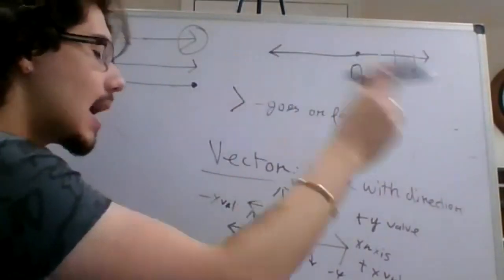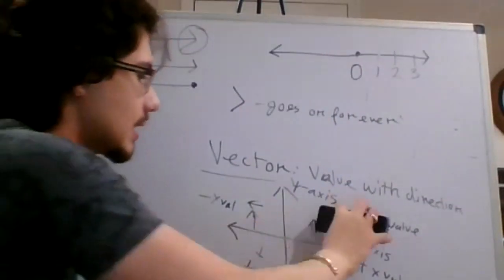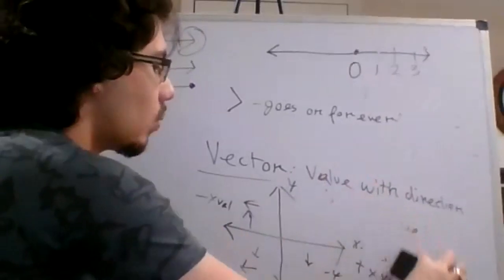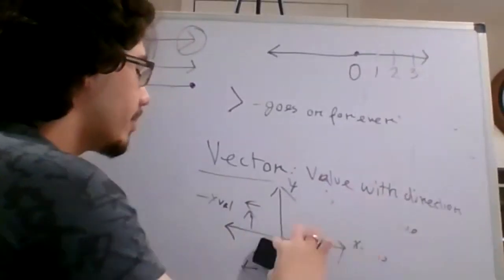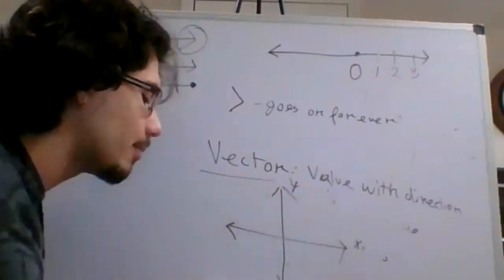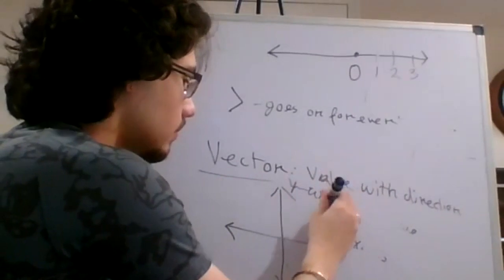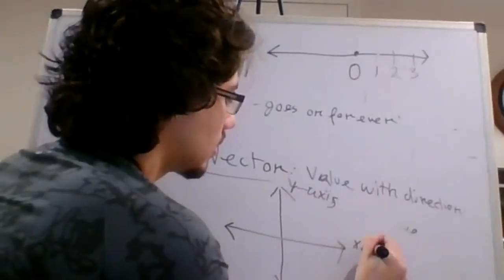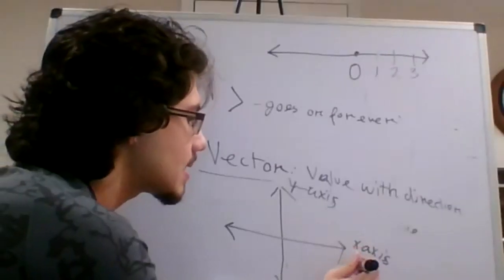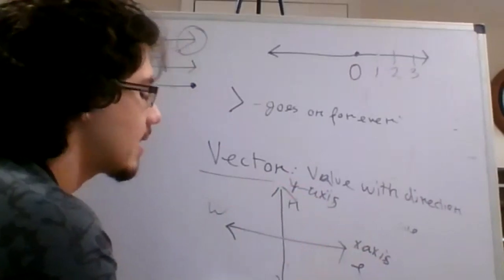So it has either a positive or negative value. Another way of thinking about this is a compass. Oftentimes you will be given math problems where the x-axis points east, the y-axis points north, west, south, etc.